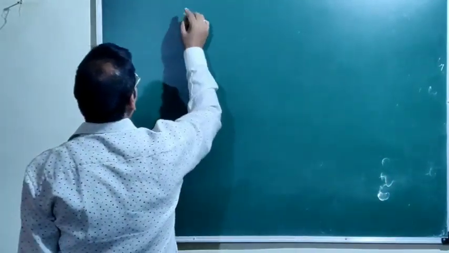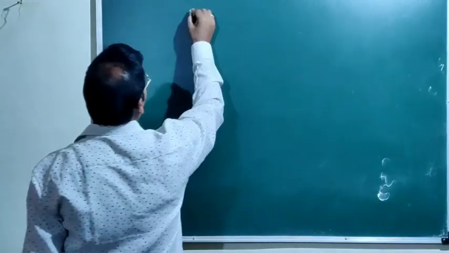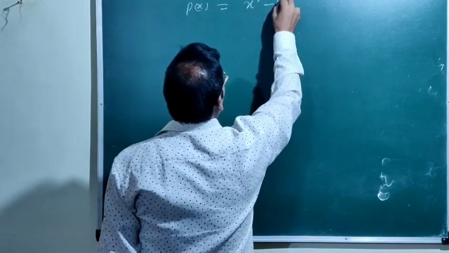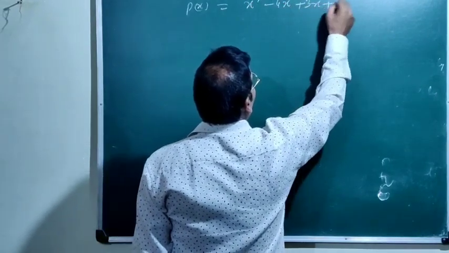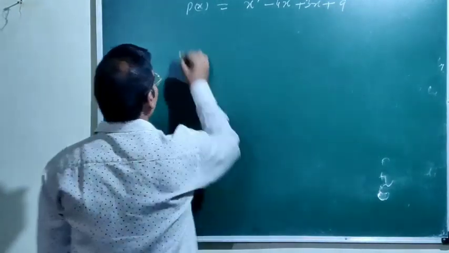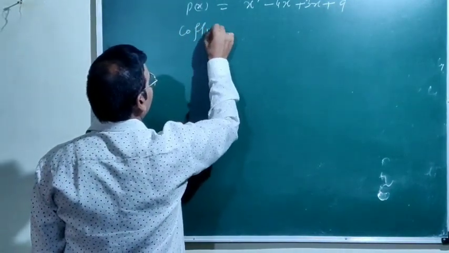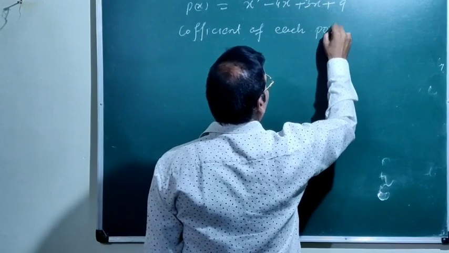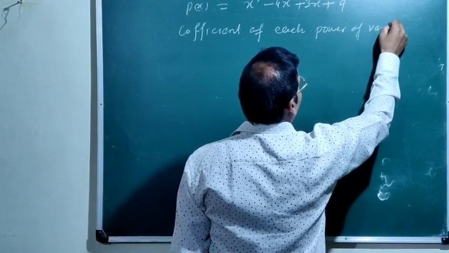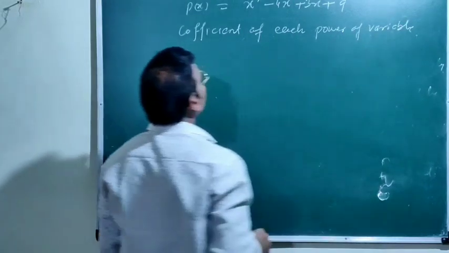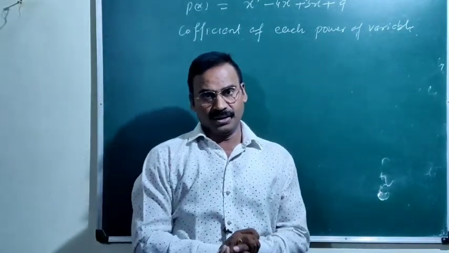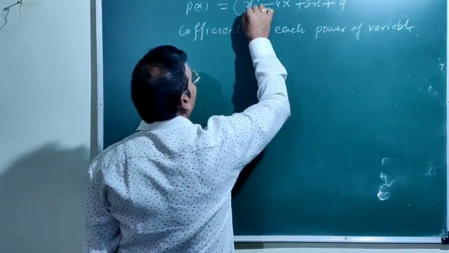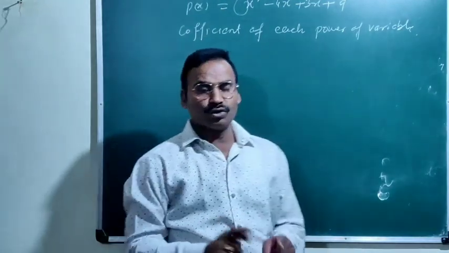Now let us discuss the small but very important things. If p(x) equals x cube minus 4x square plus 3x plus 9, now the coefficient of each power of the variable. So the coefficient of x cube here, which term is the neighbor of x cube?